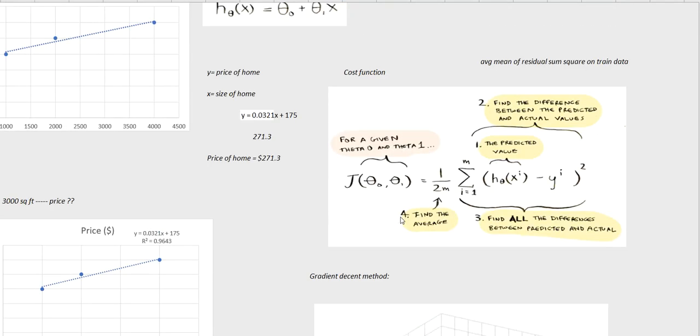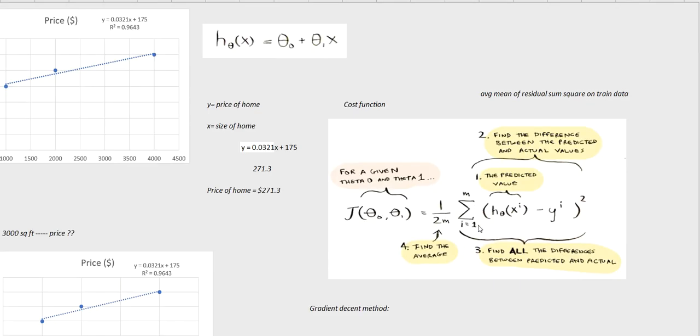Now you can see this is the cost function, and ultimately the cost function is the function that shows the gap between the predicted value and the actual value on the train data. I'm just doing this on the train data. So if the gap between the predicted value and actual value is minimum, that is the best fit line, right?